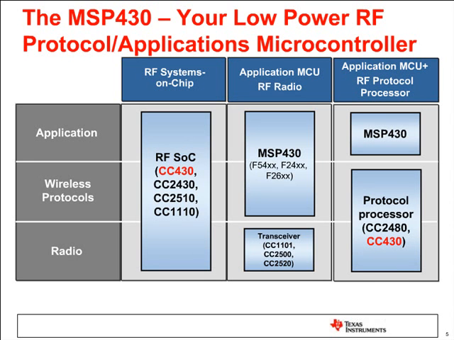You could load a protocol onto it and have an external application processor. There's definitely some benefits to that in terms of offloading any wireless protocol requirements or impact on the real time, just putting that all into a protocol processor. So the CC430, being a smart transceiver with the integrated MCU, is capable of being a protocol processor. So it can handle the wireless protocol and the radio PHY.